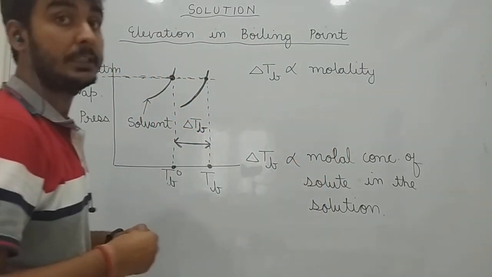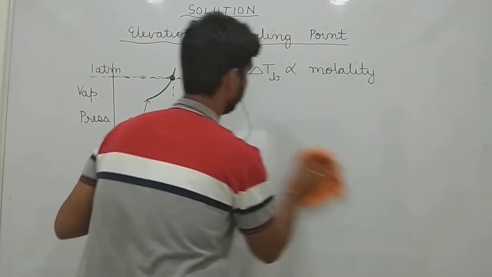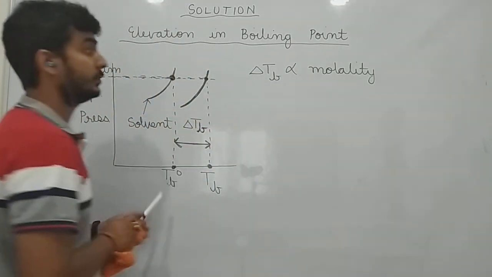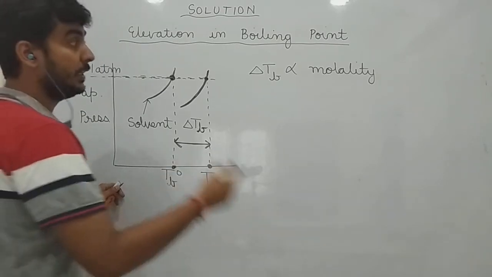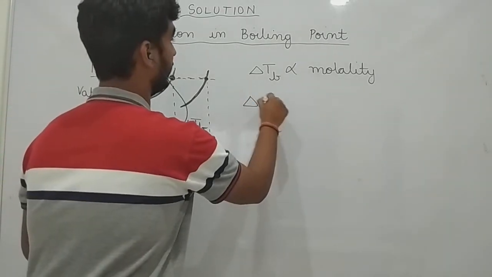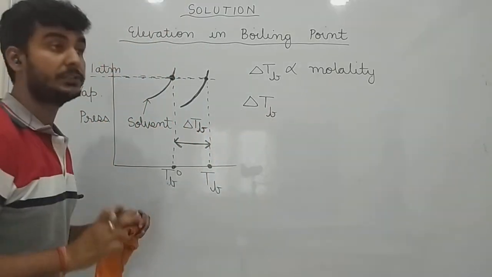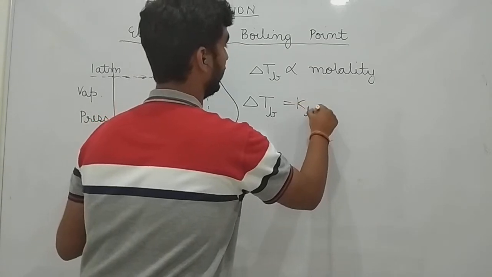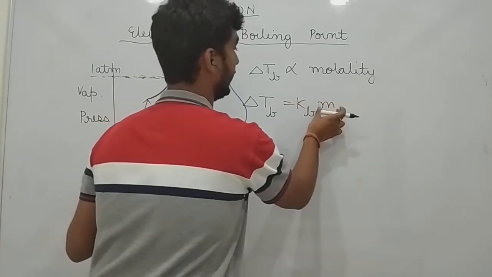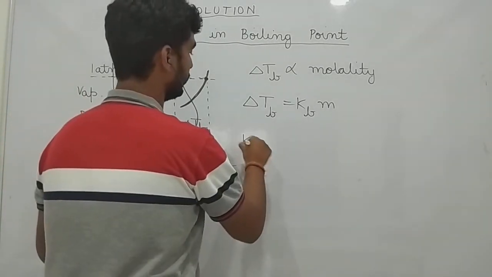This is a relation, so we have to convert it into a mathematical equation. We need some constant, and that constant is Kb. So ΔTb, the elevation in boiling point, is equal to Kb into m, and m represents the molality of the solution. Now this Kb is what?